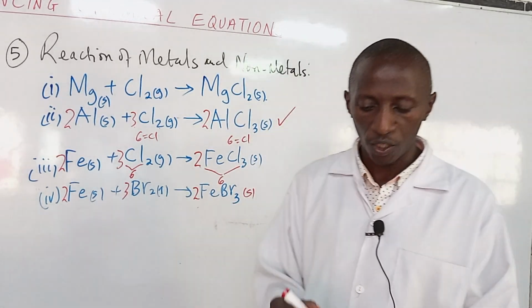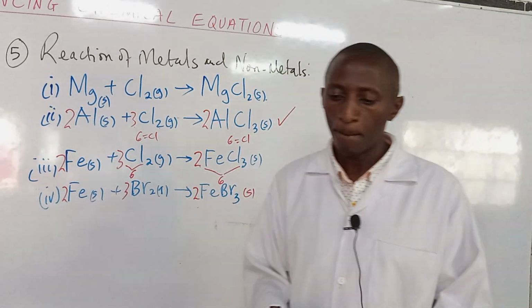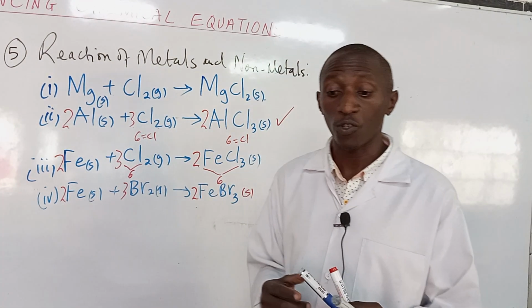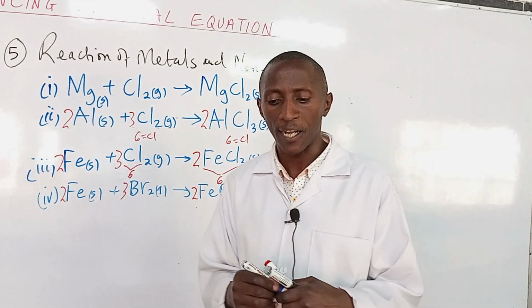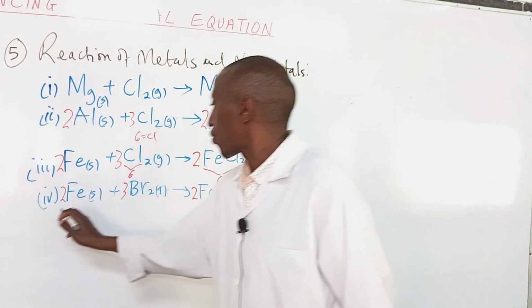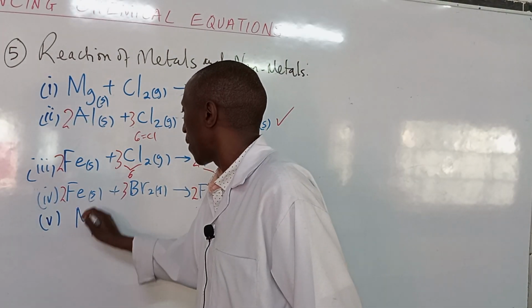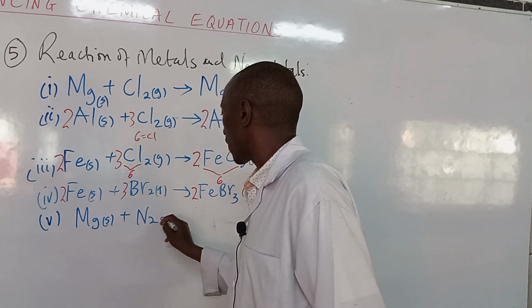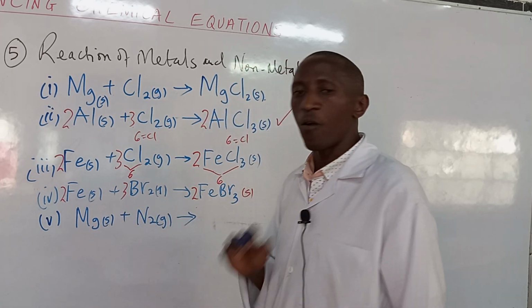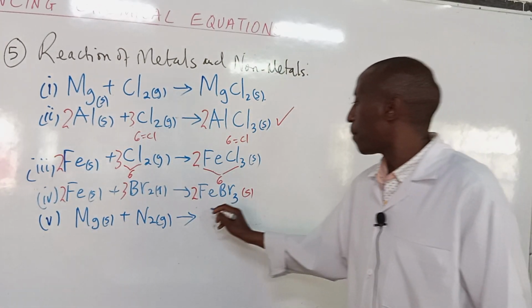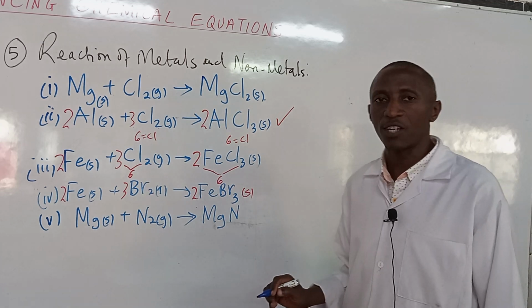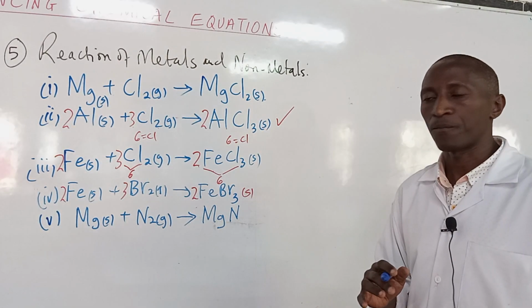Now, 2 more equations that we encountered, and this one are the reaction of alkaline earth metals with nitrogen, specifically magnesium. So number 5, magnesium. How does magnesium solid react with the nitrogen gas? You find that we form a compound called magnesium nitride. How is the formula?